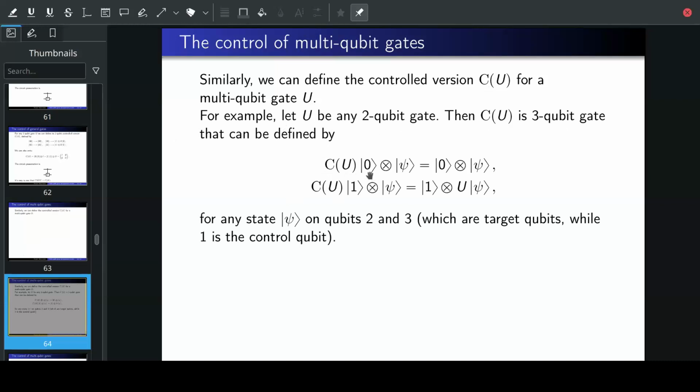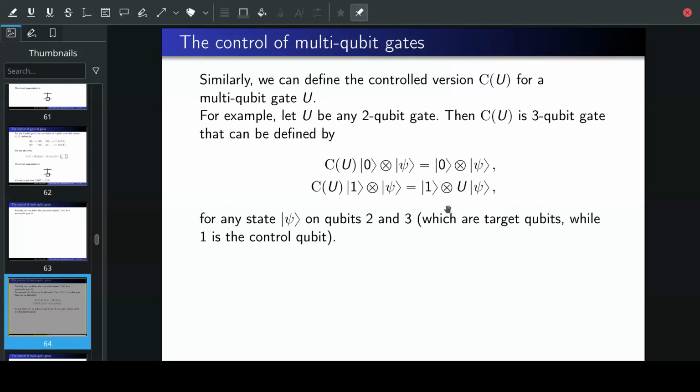So again, here psi is some 2-qubit state on qubits 2 and 3. If the first qubit is exactly 0, then nothing happens. And if the first qubit is exactly 1, then we apply this unitary U on the state of the last two qubits.